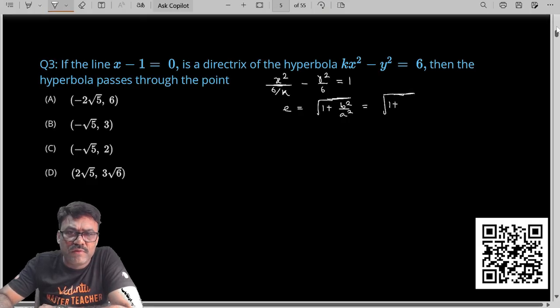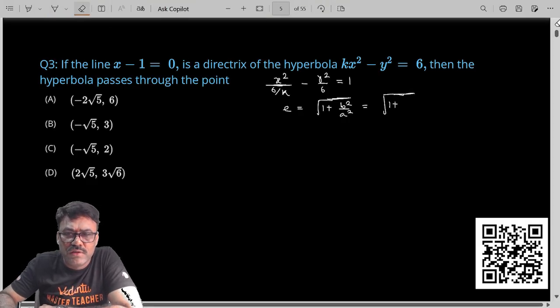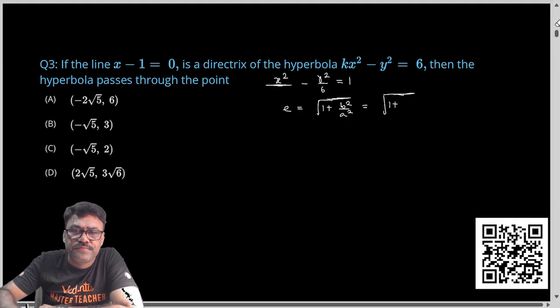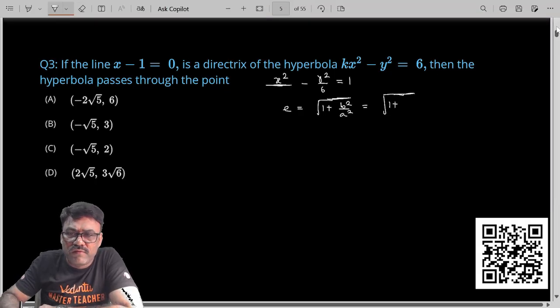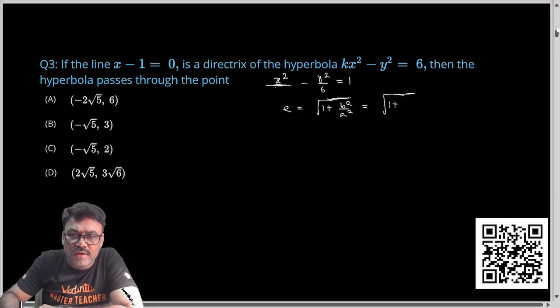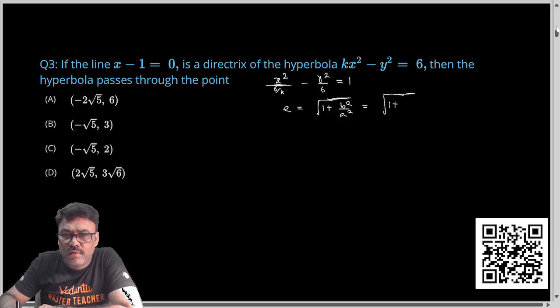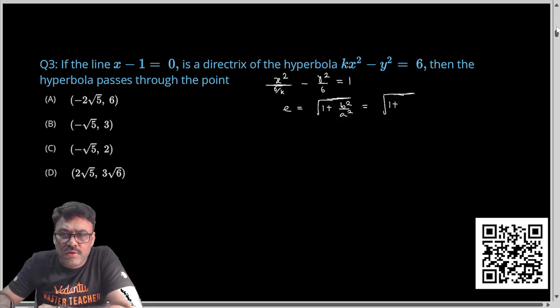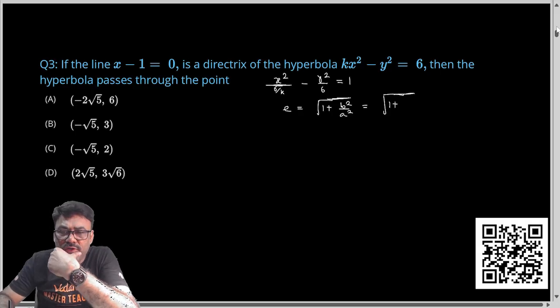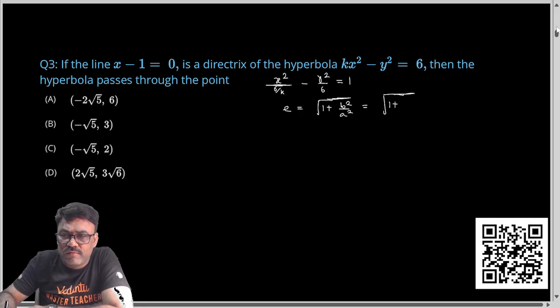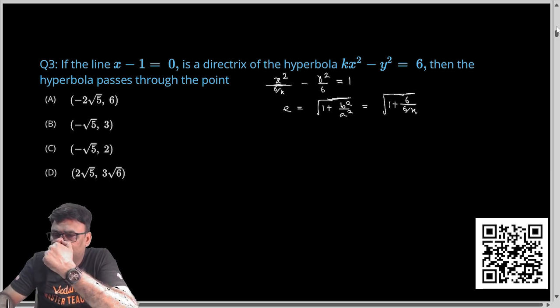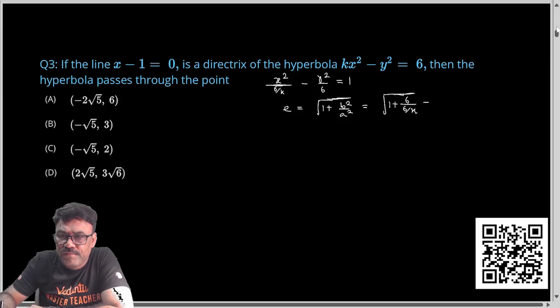I think I've written something wrong in the first step itself. It is x square divided by 6 over k, not k over 6. Right, so in fact it was right. So now I will write 1 plus b square by a square. b square is 6, a square is 6 by k. So 6 and 6 cancel. So eccentricity is under root 1 plus k.